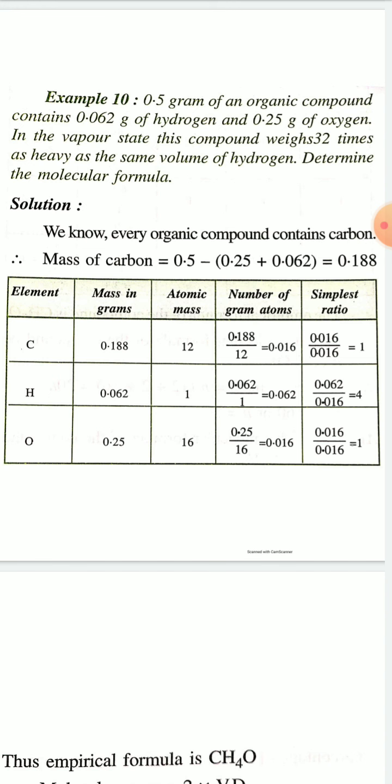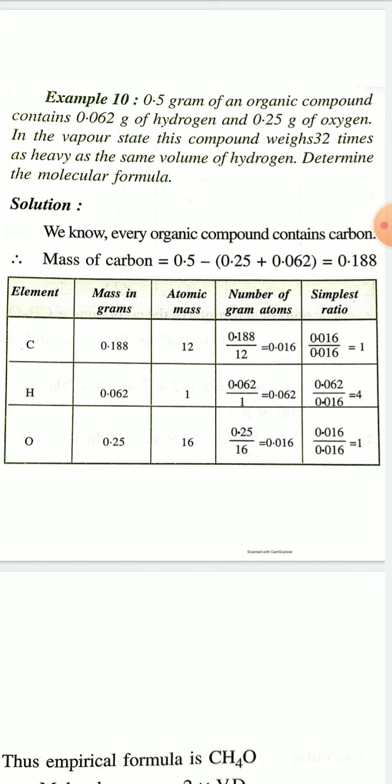So carbon is also present in the compound, but the percentage of carbon is not given. The total mass of the compound is given, which is 0.5 gram. So first you have to calculate the percentage of carbon in the compound.